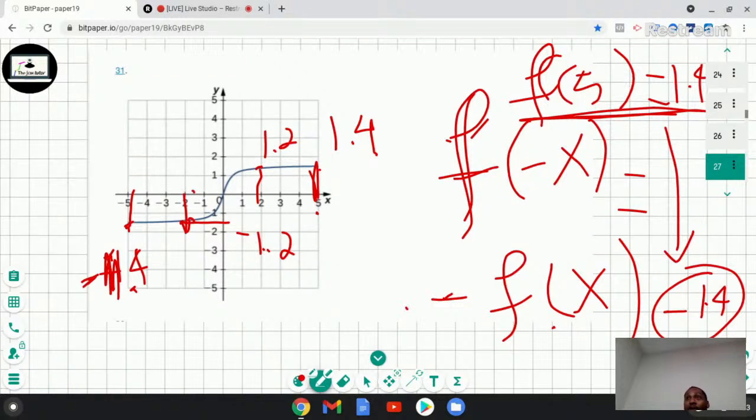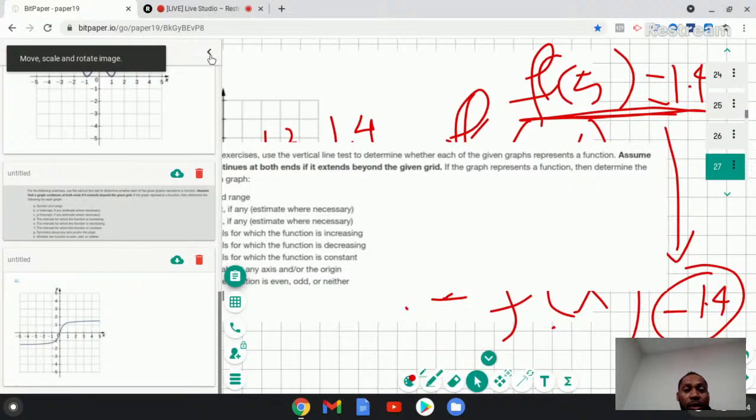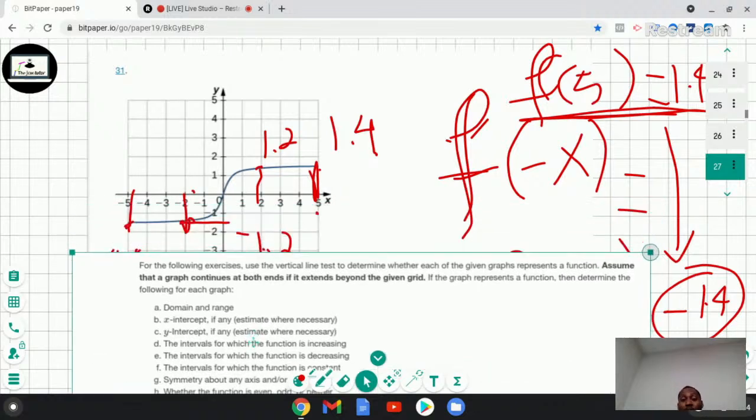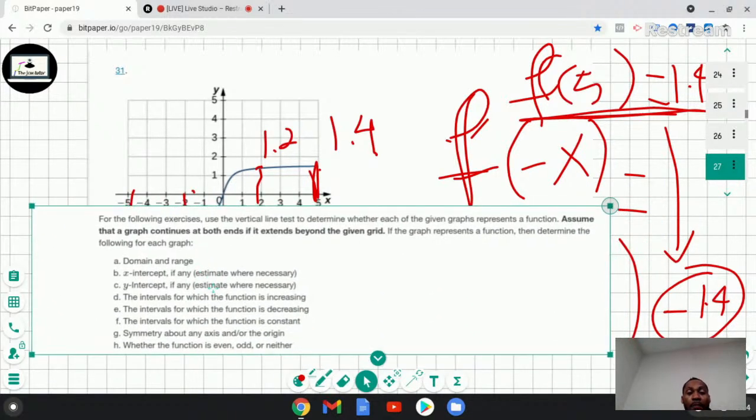We also found the intervals for which the function is increasing and decreasing. After that, we saw if the function was symmetric around the origin, the y-axis, or the x-axis. And the last thing we did was find if the function was even or odd.